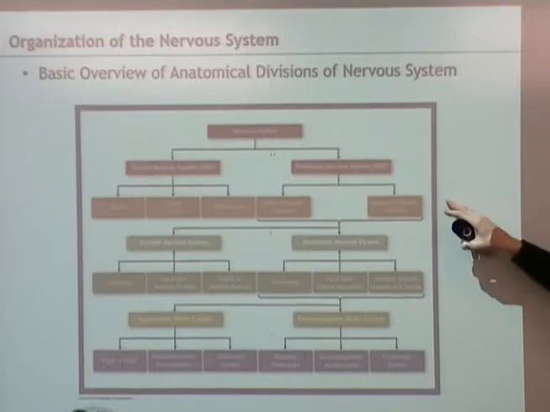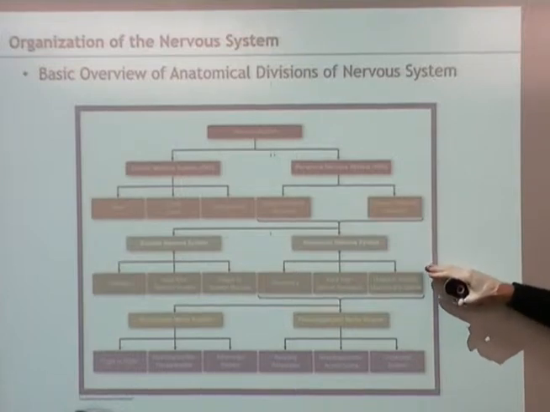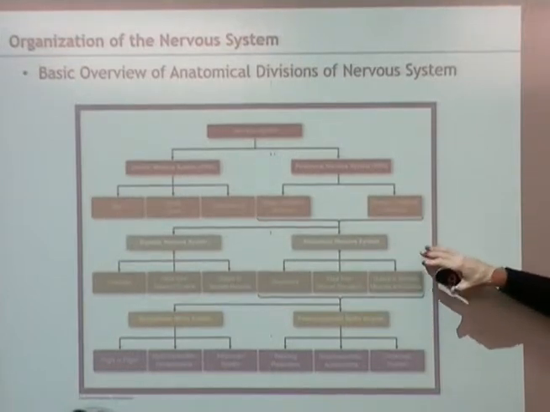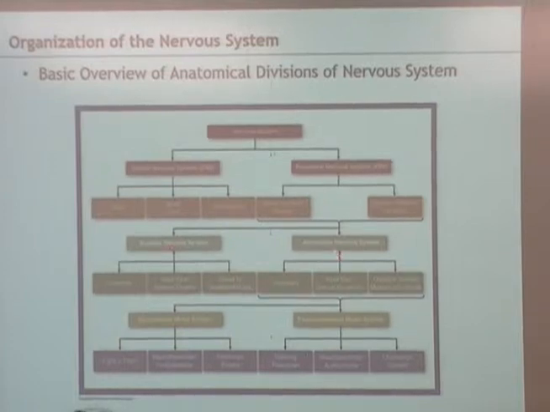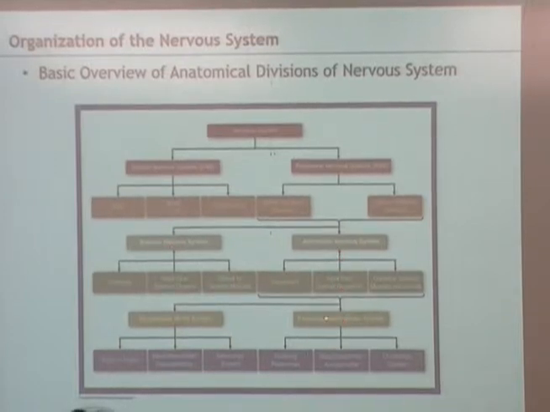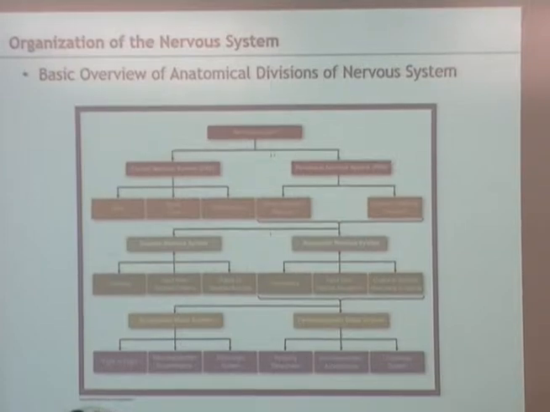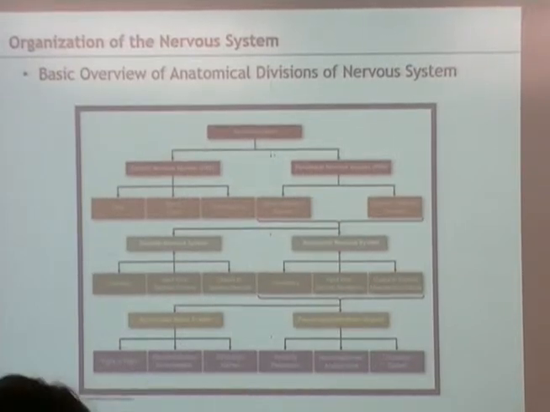So you've got a visual cue to follow as well. All right? So here's our peripheral, right? We have an autonomic and a sensory somatic, and then our autonomic is divided into sympathetic and parasympathetic.